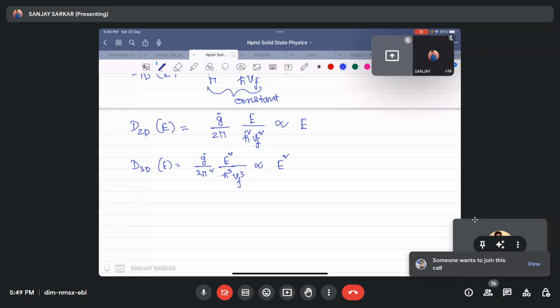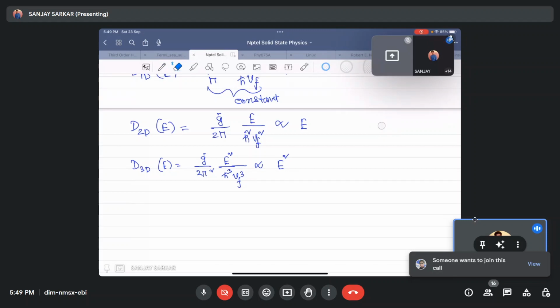Sir, why did you introduce g bar in the density of states? So g bar is the degeneracy factor for electrons. You know that for spin half, two electrons can have the same energy, right?